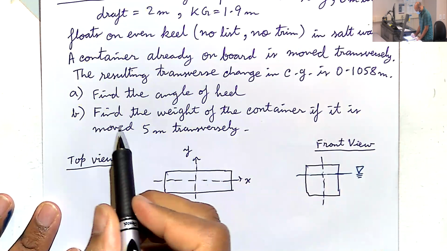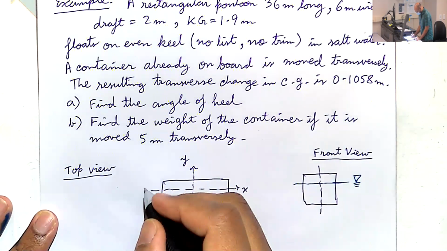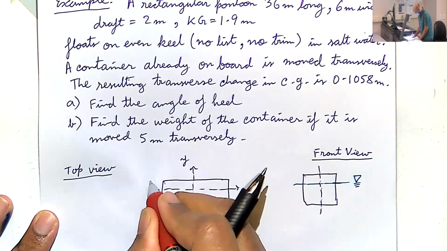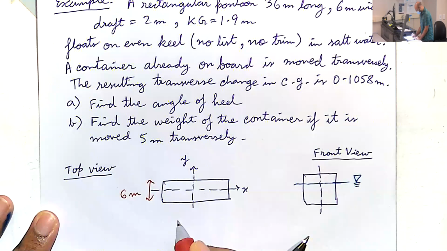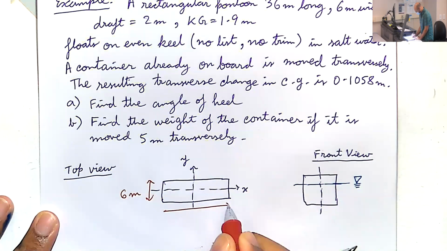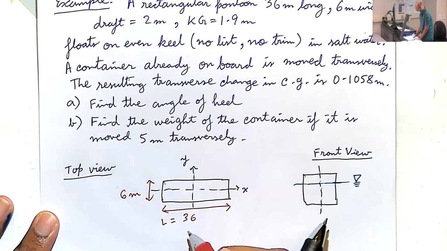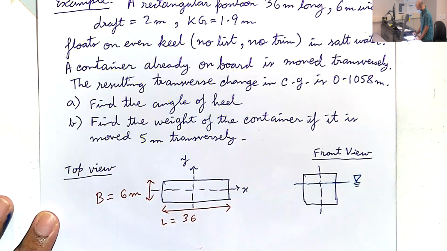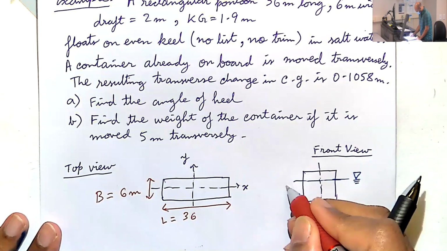We're told the beam is 6 meters, length is 36, draft is 2 meters.